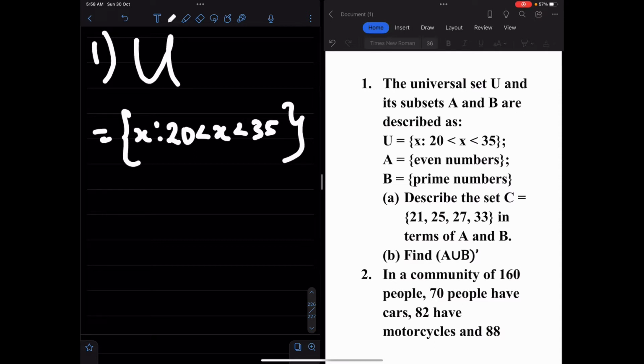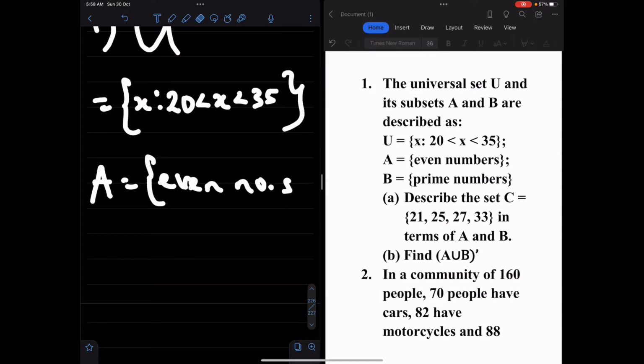A has elements which are even numbers, and B has elements which are prime numbers.